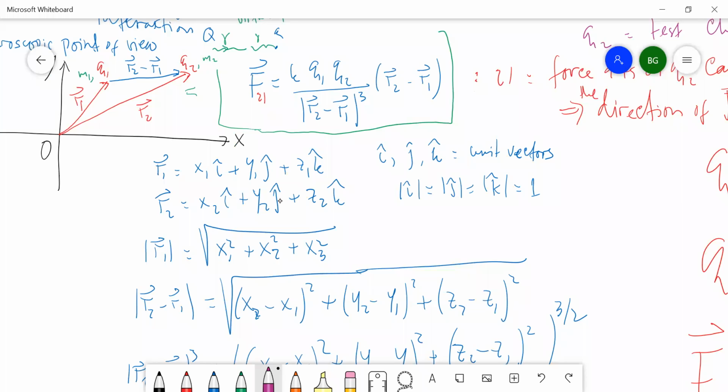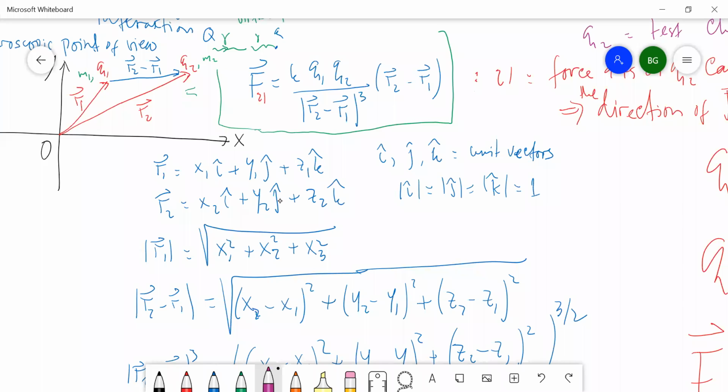Also R2 we could express as x2 i hat and so on. The hat means it's a unit vector, and a unit vector means the magnitude of the vector is equal to 1.